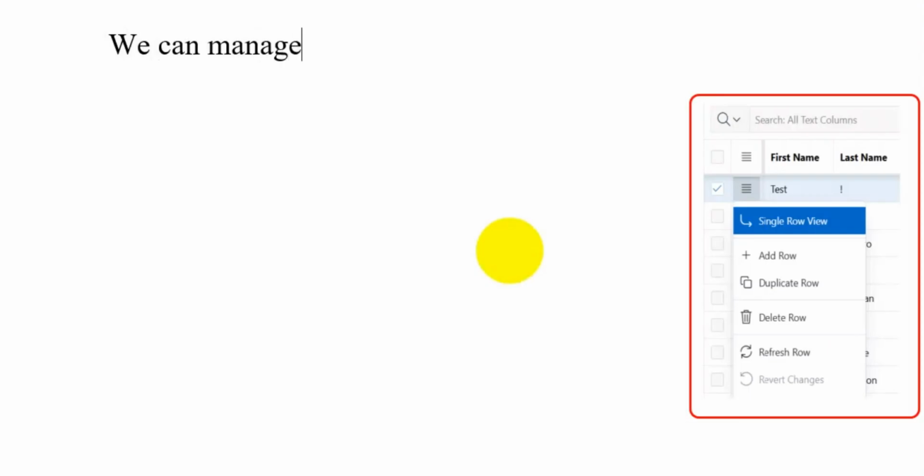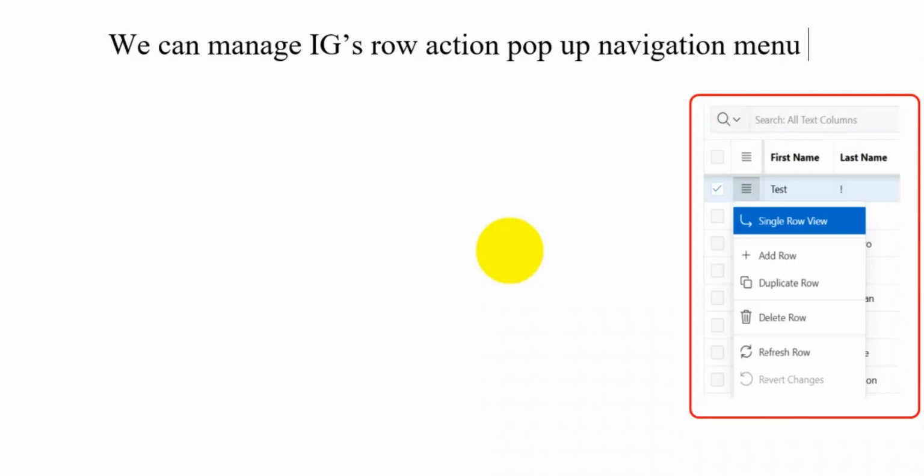We can manage these things basically two ways. Here I try to share with you. First one is using simply CSS, and the second option is using JavaScript functions to control the actions menu.